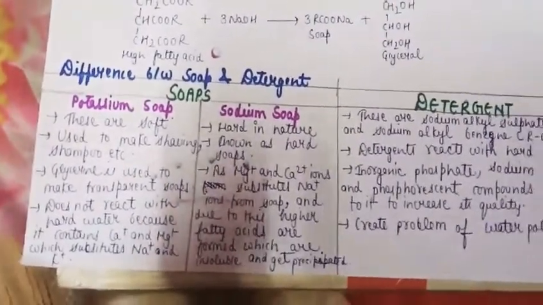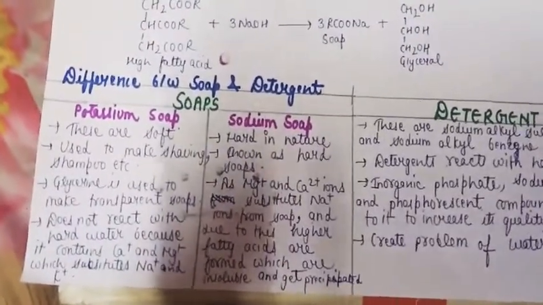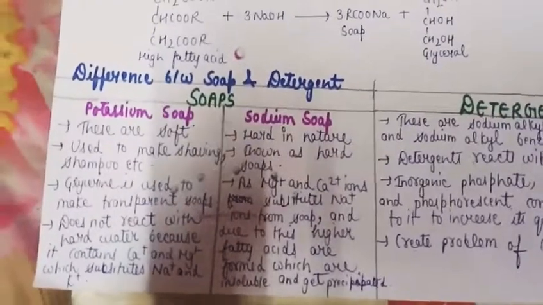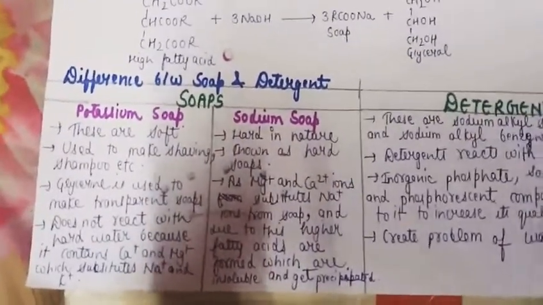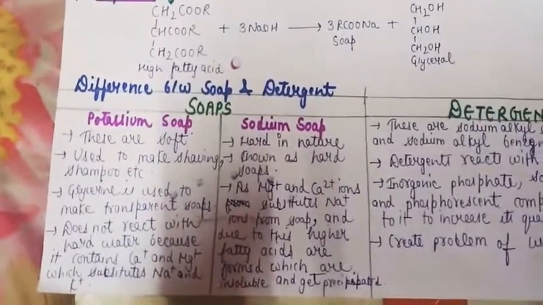So the cloth is not cleaned, and that is why potassium and sodium soaps are not very effective with hard water, but they are effective with soft water.